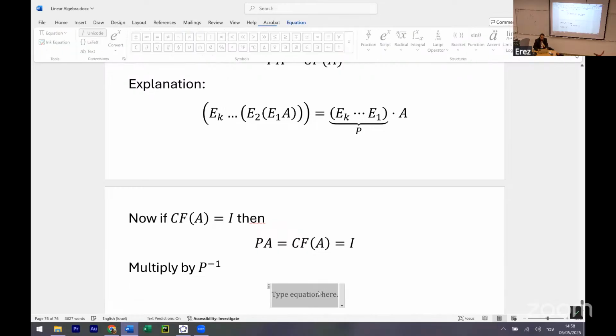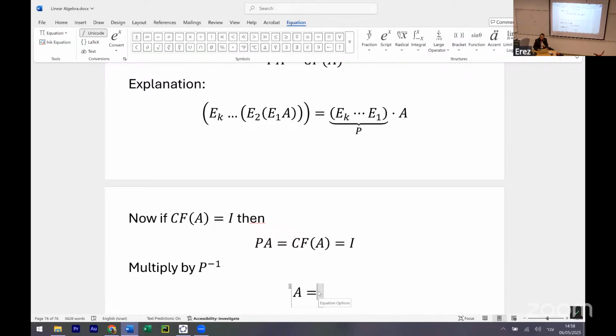A equals I times the inverse of P, which is the inverse of P. So instead of proving that P is the inverse of A, we actually proved that A is the inverse of P. But that's a symmetrical definition, right?